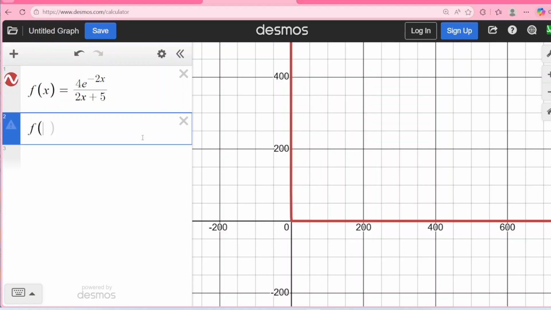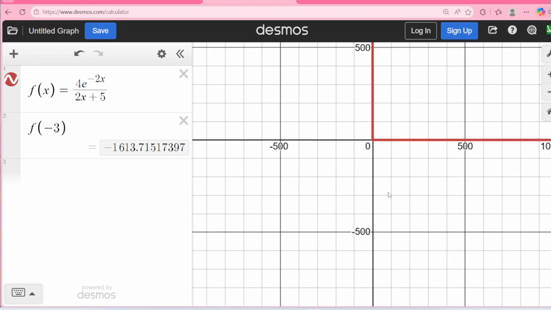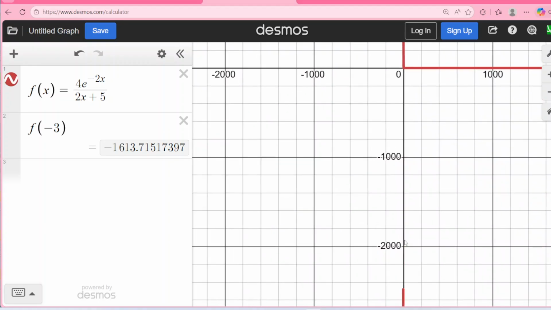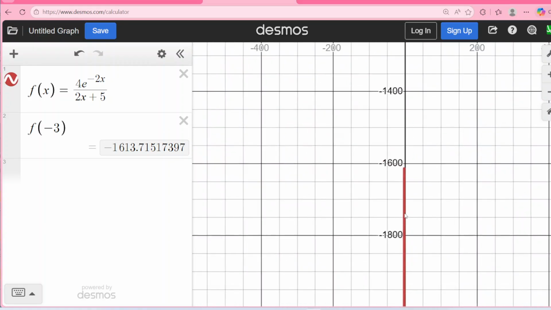See, f of -3. That's why you're not seeing it, because the value of f at -3 is -1,613. So you don't see anything way down here.